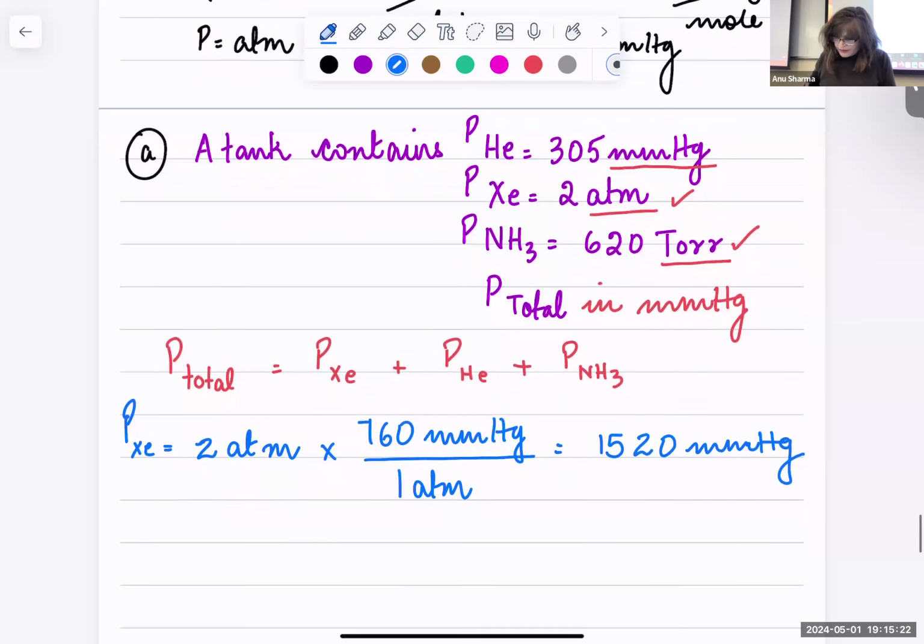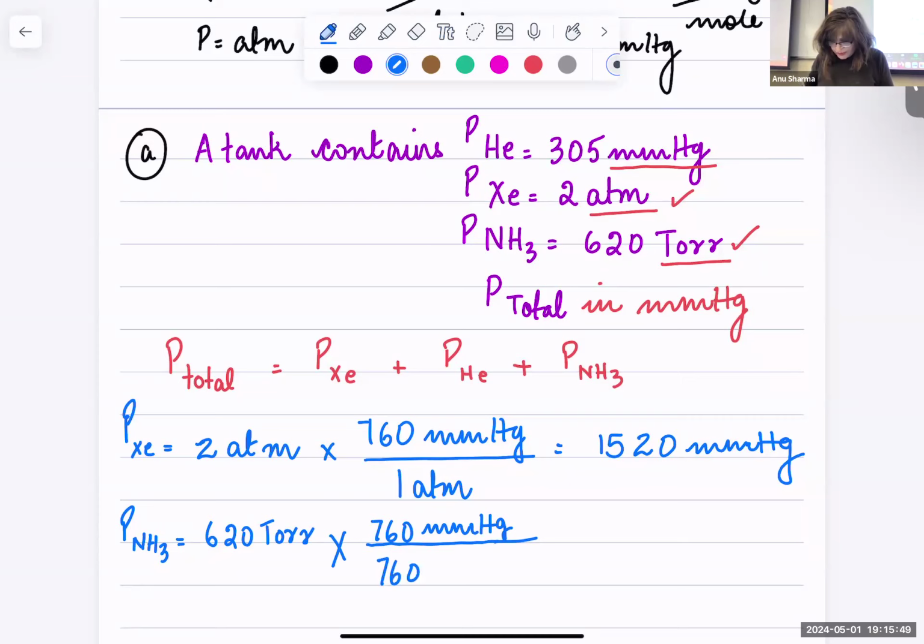Okay, so that was one thing. The next one is P of NH3, and we convert it too. Here you have 620 torr times millimeters of mercury. Remember, 760 millimeters of mercury and 760 torr are the same. 760 millimeters of mercury is equal to 760 torr, or 1 torr is equal to 1 millimeter of mercury.